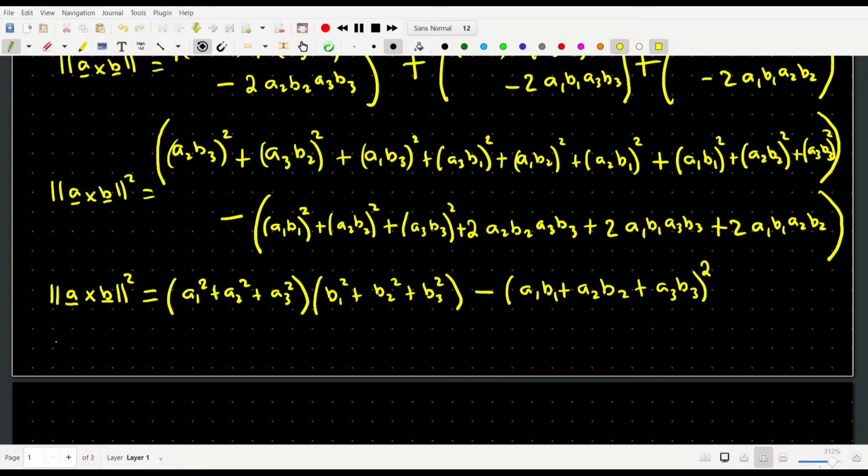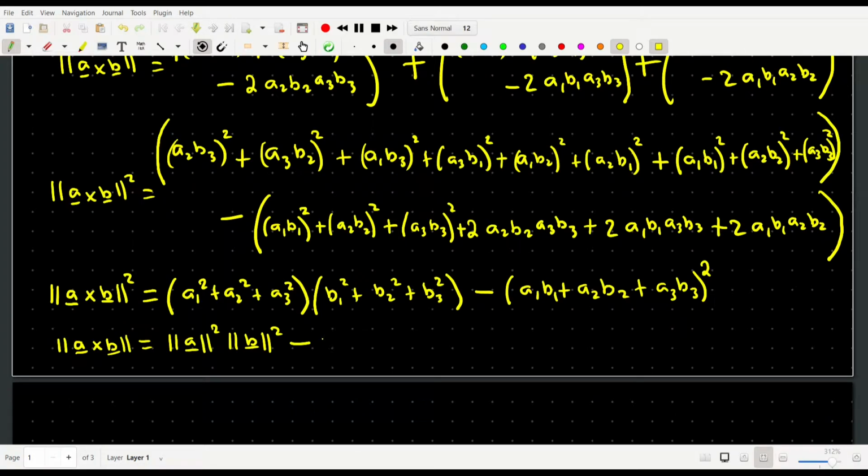a1 squared plus a2 squared plus a3 squared is the same thing as the length of a squared. b1 squared plus b2 squared plus b3 squared is the same thing as the length of b squared. And this quantity in the parenthesis is the same thing as the algebraic form of the dot product.